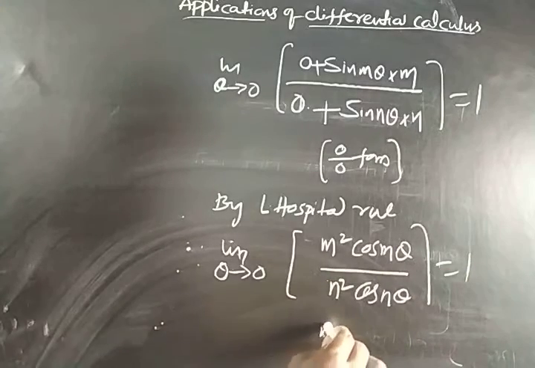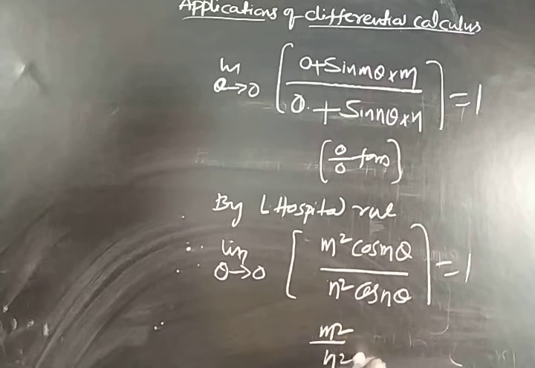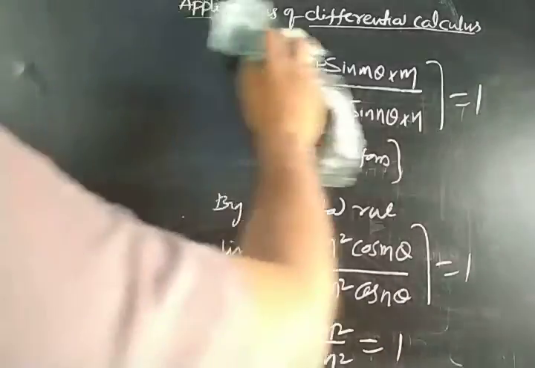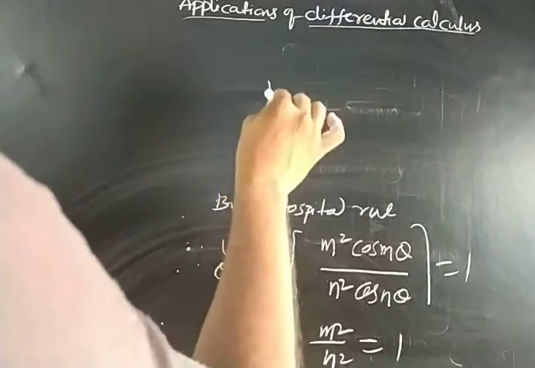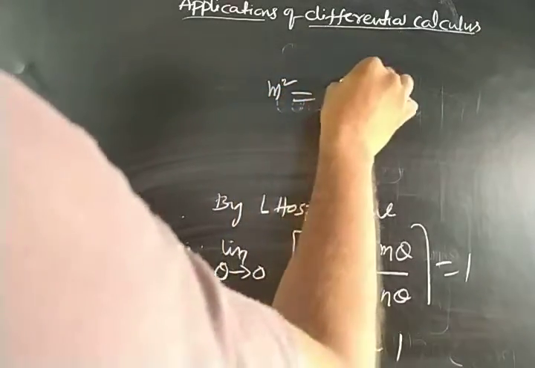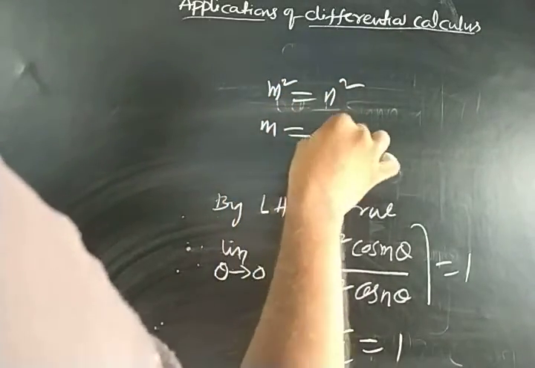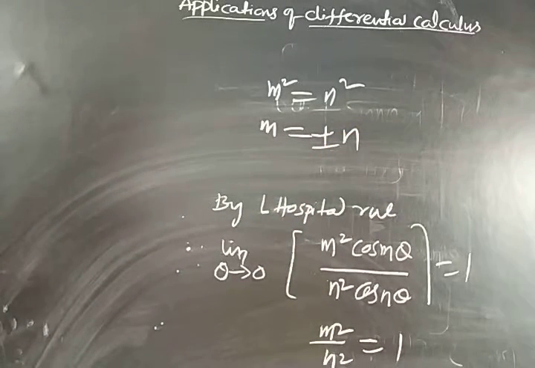Now substitute 0: m square by n square is equal to 1, since cos 0 is 1 in the denominator also. So we got m square equal to n square, m equal to plus or minus n. This is the statement we have proved.